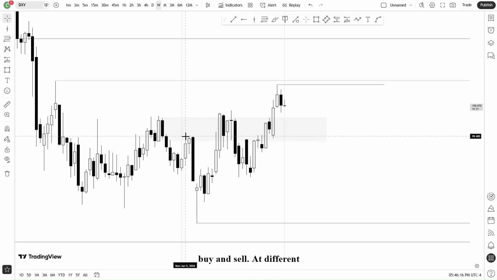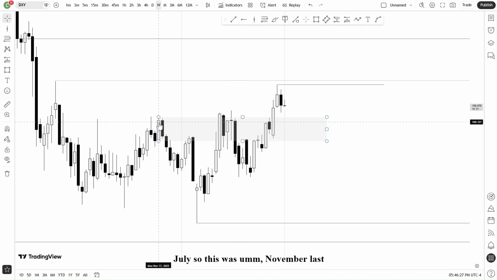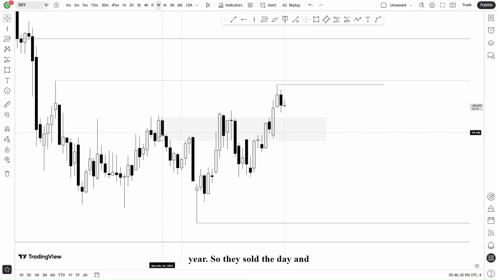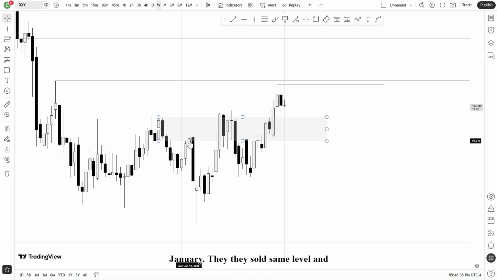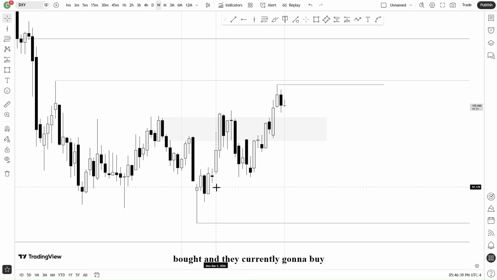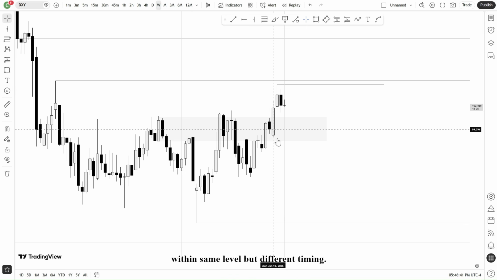Listen, the smart money buy and sell at different times but same price levels. Different timing. Sorry, this was November last year. So they sold there and they sold here again in January. They sold the same level and bought, and they're currently going to buy within the same level but different timing.